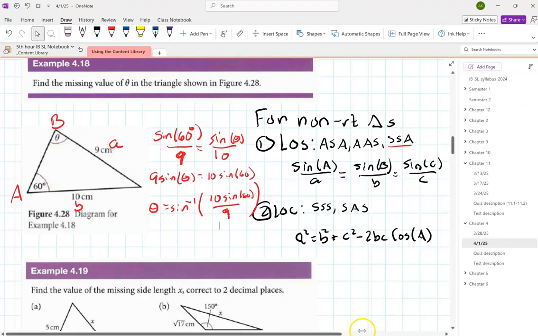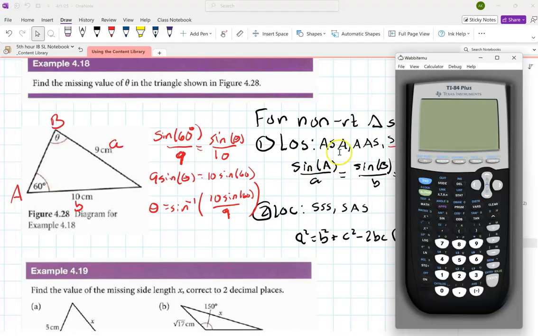And now it's calculator time. We get about 74.2 degrees.